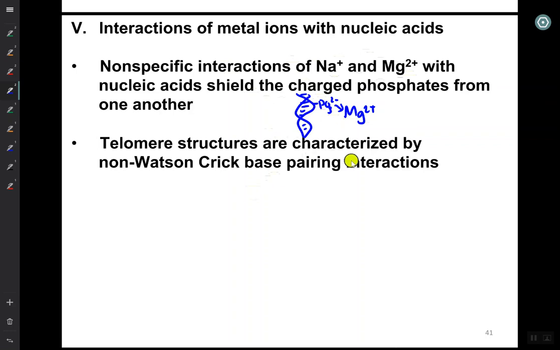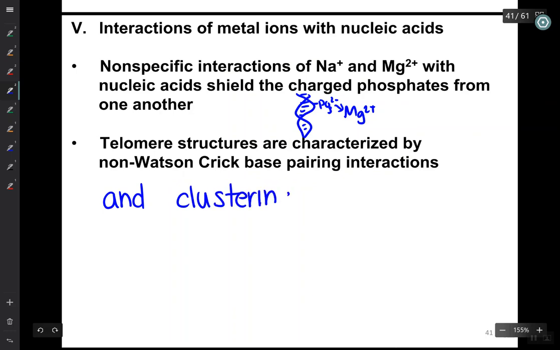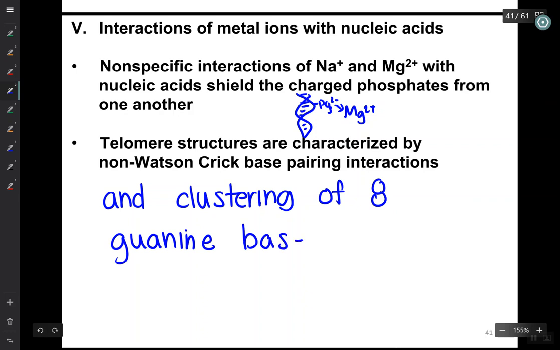Telomere structures are characterized by non-Watson-Crick base pairing interactions and clustering of 8 guanine bases around the central metal ion.